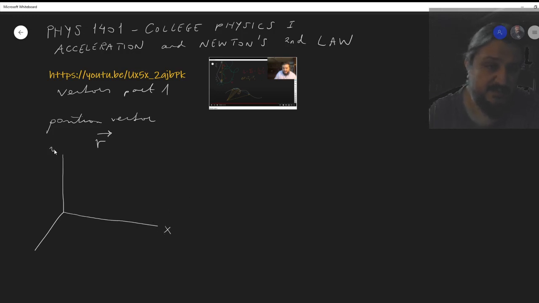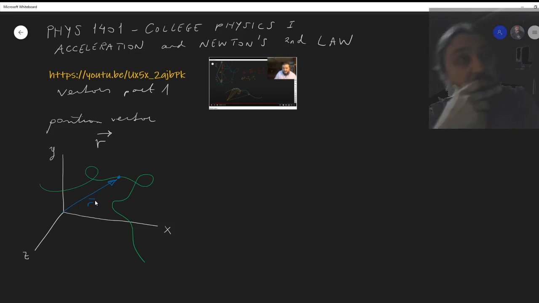Let's say these are the XYZ coordinates, and let this represent the motion of any object in that three-dimensional space. Basically, you consider a vector from the origin, and this vector will point at where the object is at a given time. Okay, so that's the R vector, the position vector.